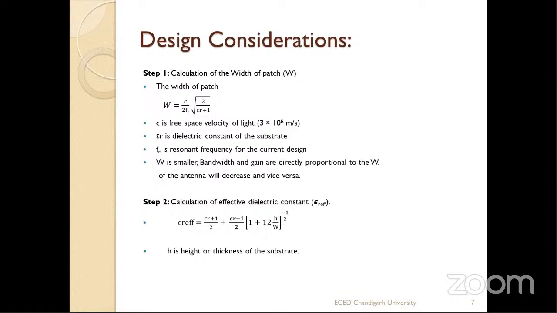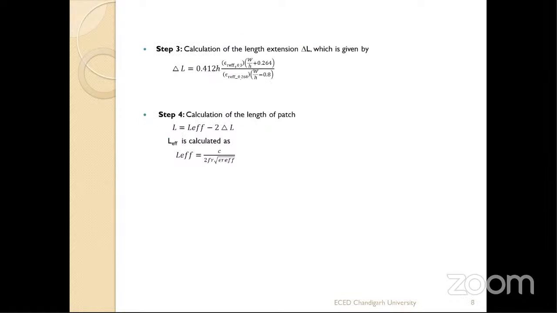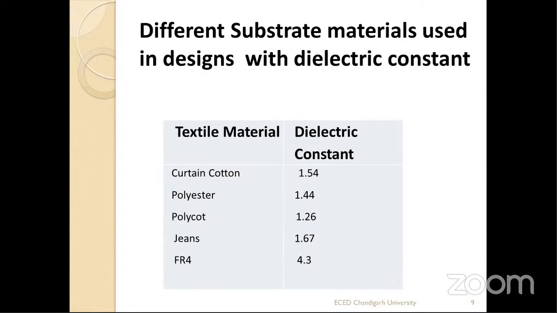Calculations of the effective dielectric constant: these are the equations required to calculate the dimensions of the antenna. In this presentation, I am presenting the wearable textile antenna, so textile is the substrate we are using. Different research has been done on different textile materials, such as cotton, polyester, polycord, jeans.